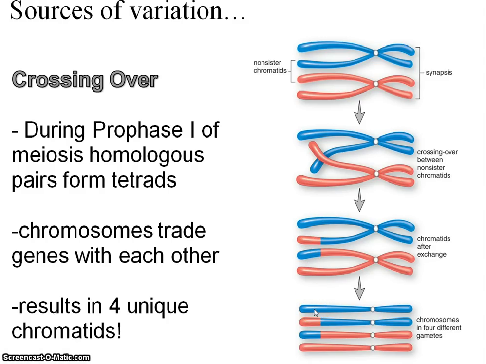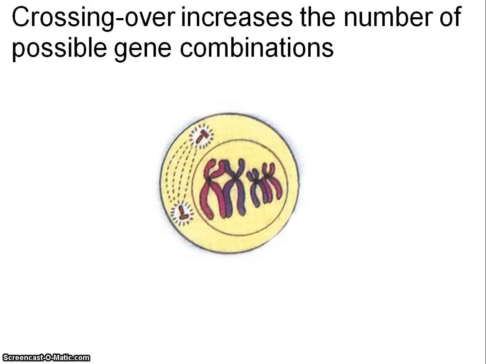And so in the end, you get 4 unique gametes, so 4 unique combinations of genes. Just because you inherited the gene that might be located over here from your dad doesn't mean that the gene over here is necessarily coming from your dad as well. And this happens on all 46 chromosomes. So there's lots and lots of different combinations that you can get because of crossing over. That's one source of variation.